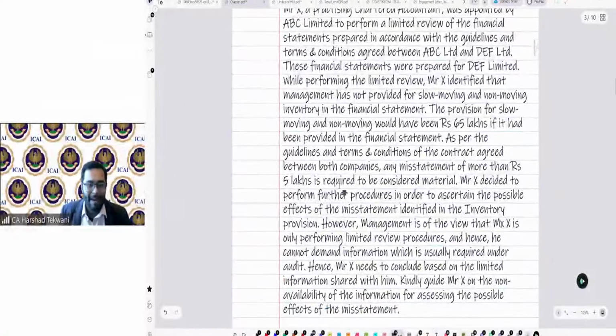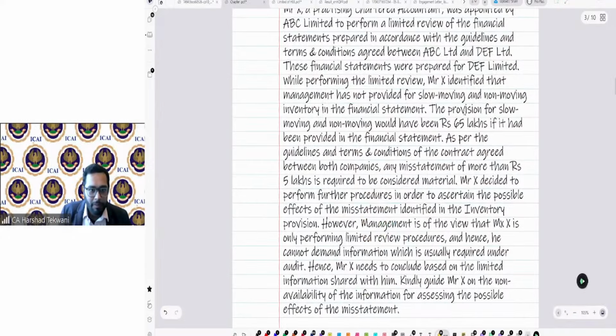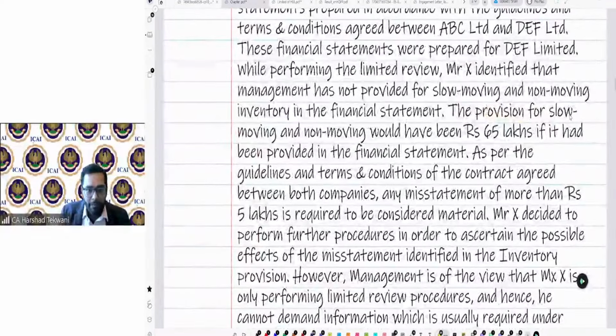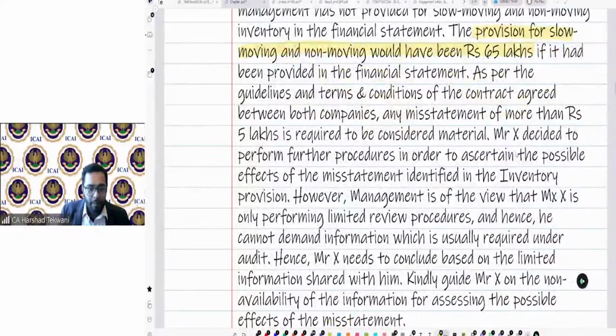The misstatement is that the provision for slow moving and non-moving inventory, which would have been 65 lakhs if provided, is missing. And in order to ascertain the possible effects of the misstatement, Mr. X decided to perform further procedures.